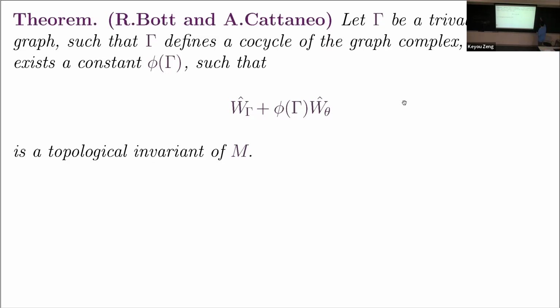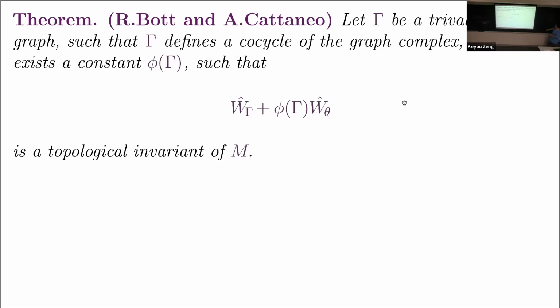So if we have a graph, we can define a differential acting on this graph. This is given by contracting edges. So for example, we can label these vertices, and we can contract these two edges. This is plus. And we can also contract these two edges, and so on and so forth.